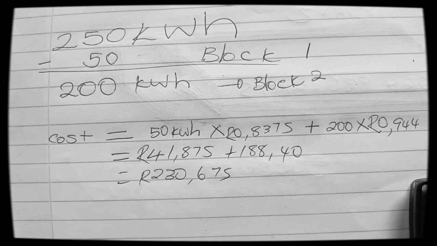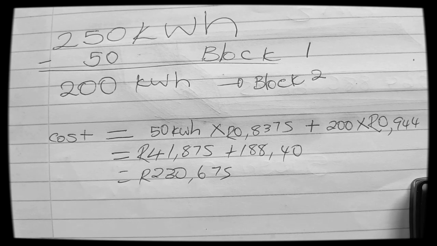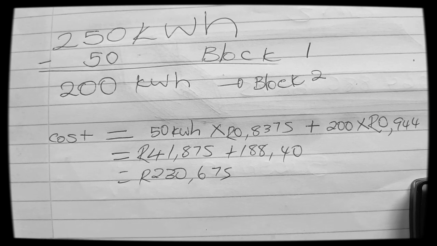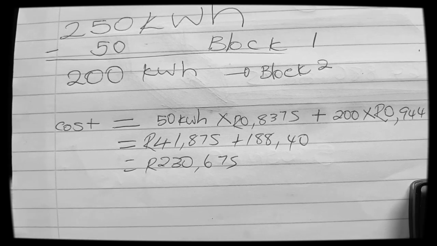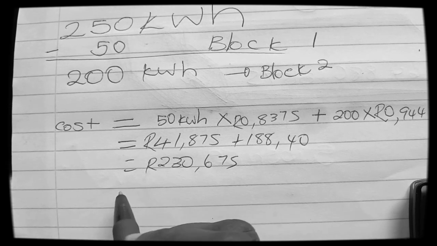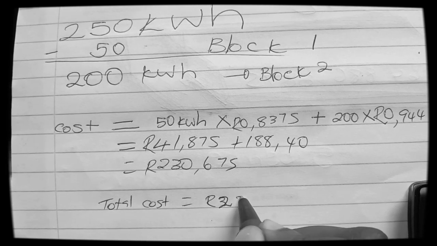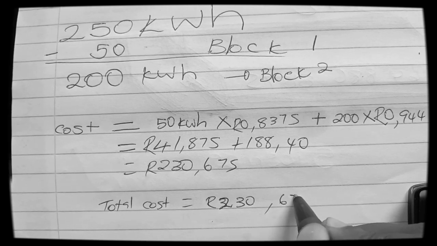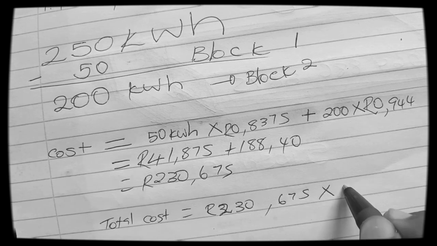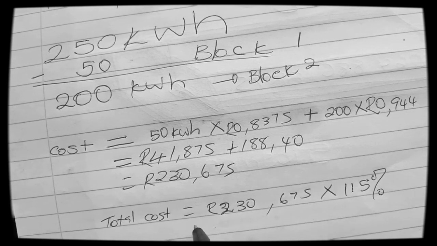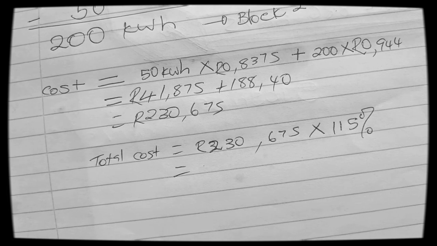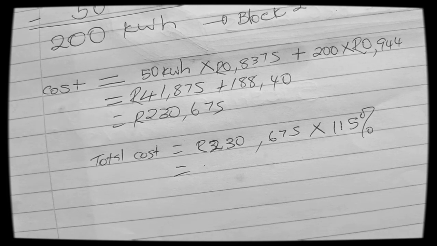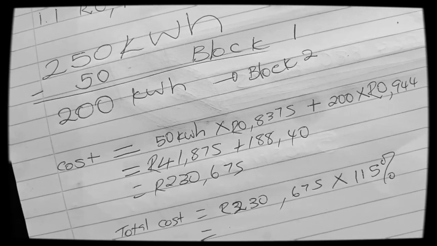Now, if you haven't watched the VAT lesson, please make sure that you watch that so that you are aware of what we are doing and you are not feeling a little bit lost. Equal to 230.675 multiplied by 115%, and then you get your answer. If you don't know why we are doing that, please make sure you watch the VAT videos.